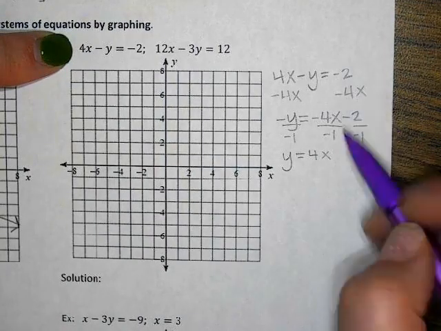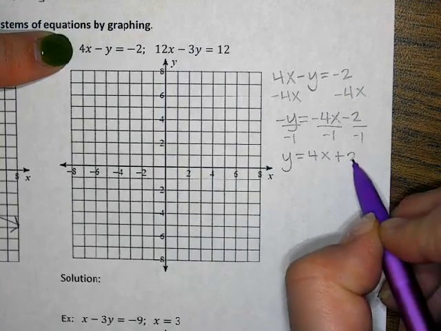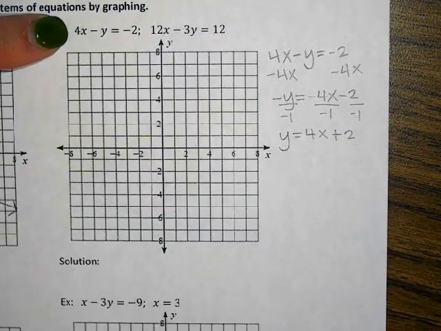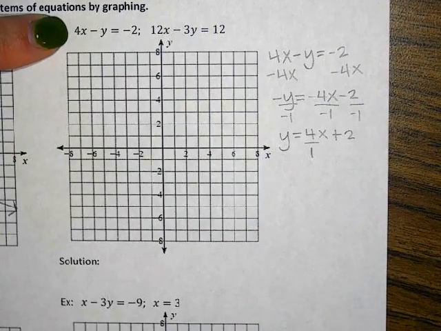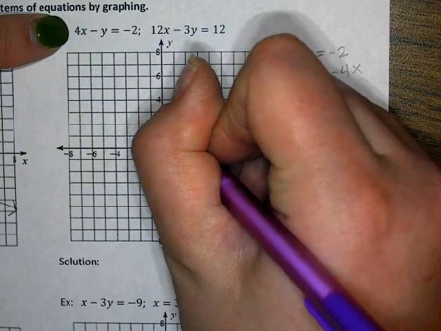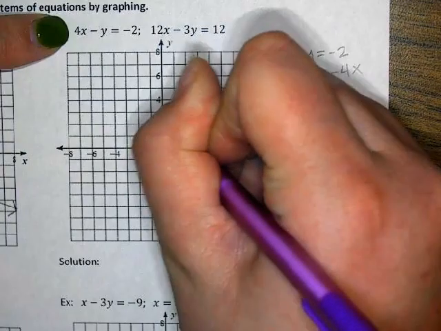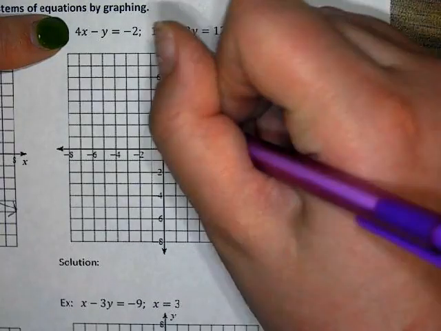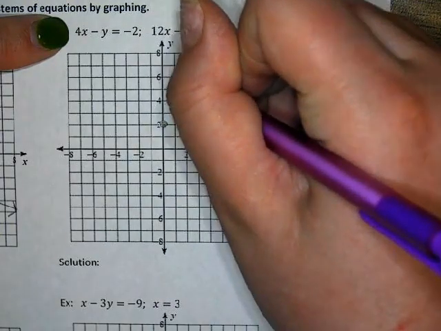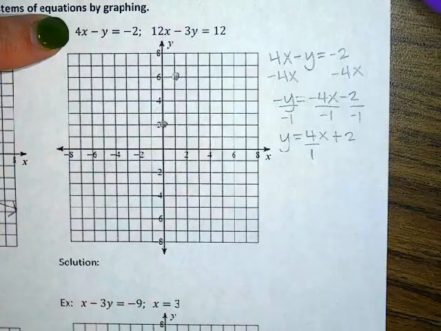Positive 2. And if we have a whole number 4 and we want it written as a fraction, what do we do? Put it over 1. Okay, so for that line, we're going to start at 2. And then where should we go? Up 4, right 1. And then I ran out of space.